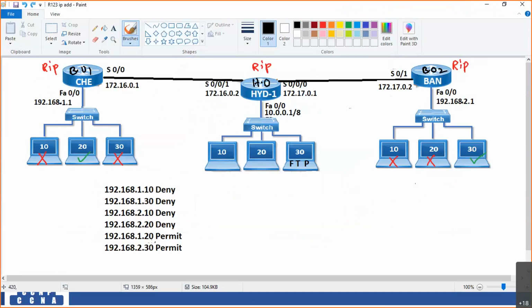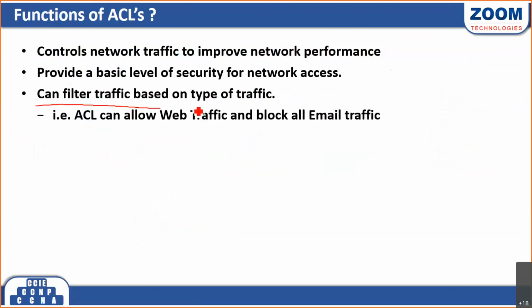You can write the rule: 1.20 traffic is permitted for SMTP. Can 1.20 access FTP? No, it is permitted only for SMTP. Like that, selected services can be permitted. So we can filter the traffic based upon the type of traffic. ACL can allow web traffic, unblock or block email traffic, like we can configure.